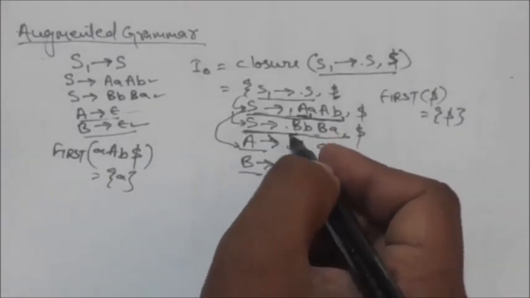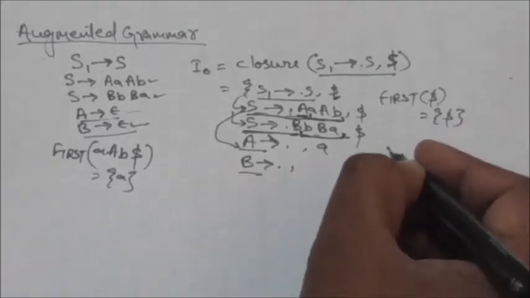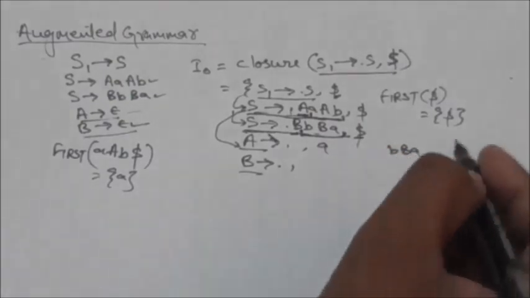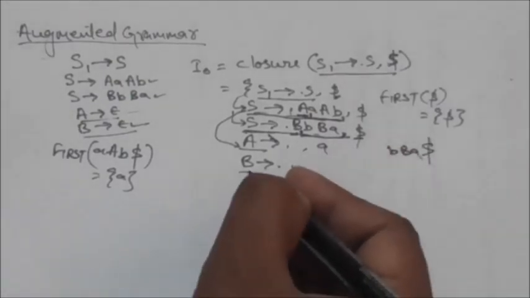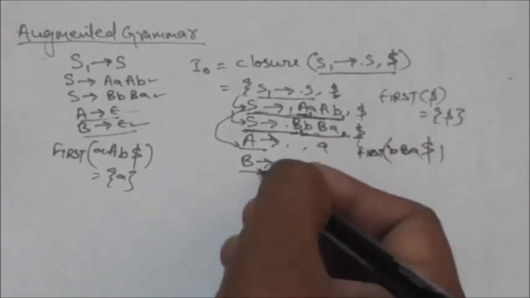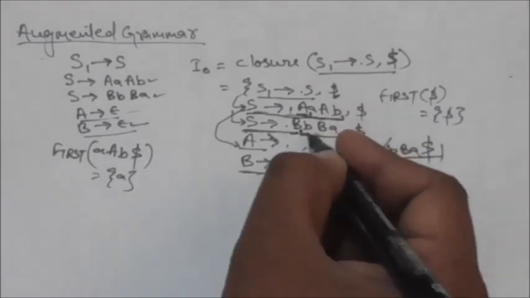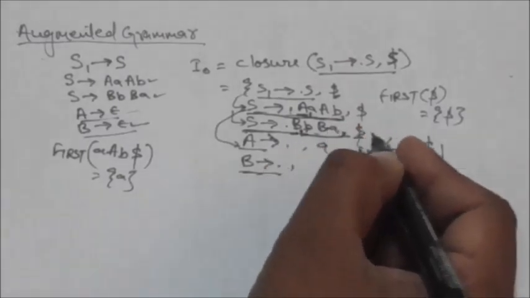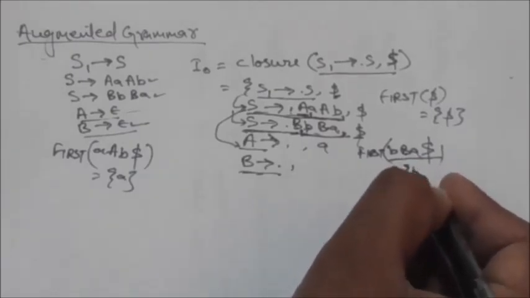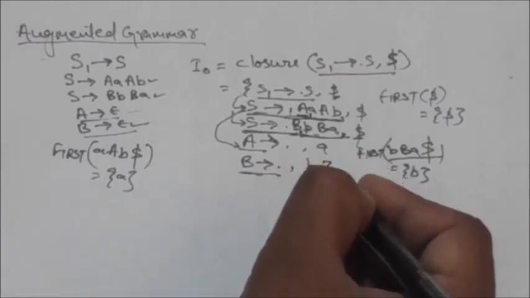In this item you can see that B is followed by this string of symbols B, B, A, and the look ahead symbol here in this item is dollar. So the look ahead symbol of this item will be first of BBA dollar, and first of BBA dollar will contain only one terminal symbol B. So the look ahead symbol of this item will be terminal symbol B.